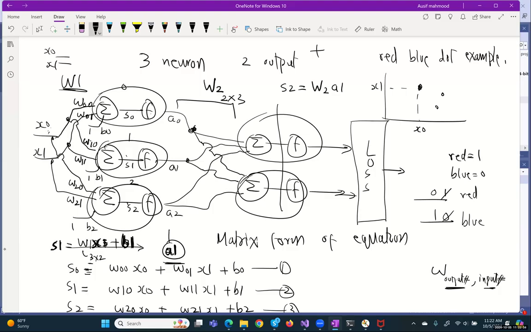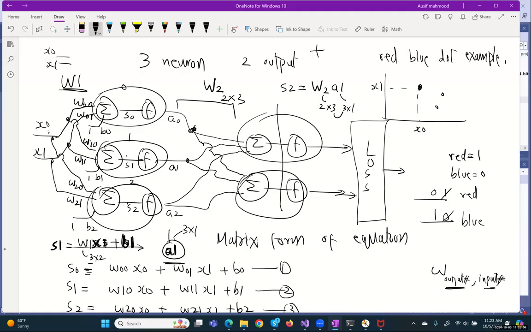So let's see if the sizes match, because as we write the code, you cannot multiply matrices if the input dimensions do not match. What is the size of W2 we just decided? 2 by 3, right? What was the size of A1? Take a look over here. 3 by 1. Do these match?